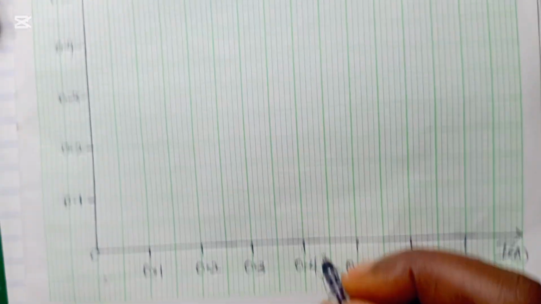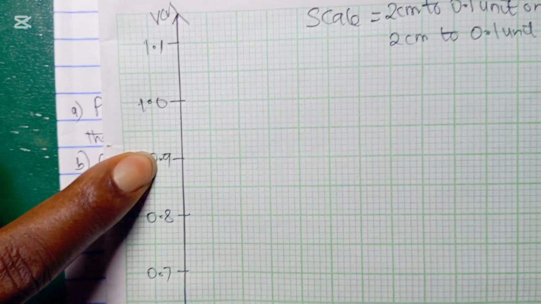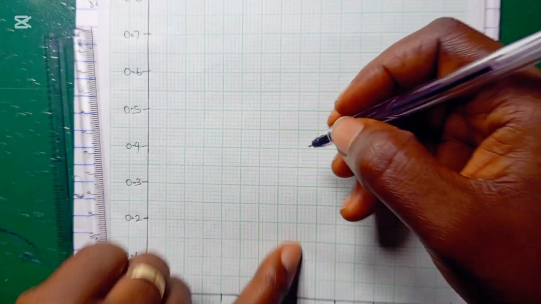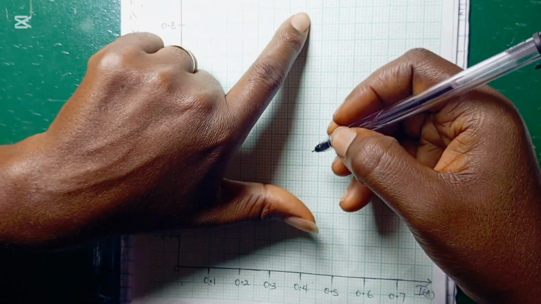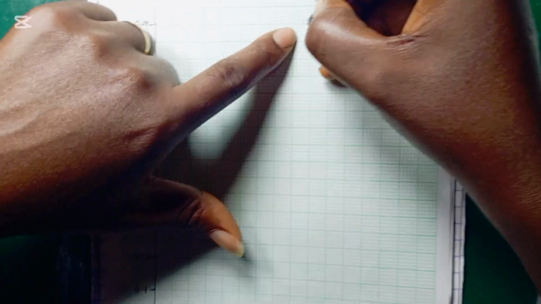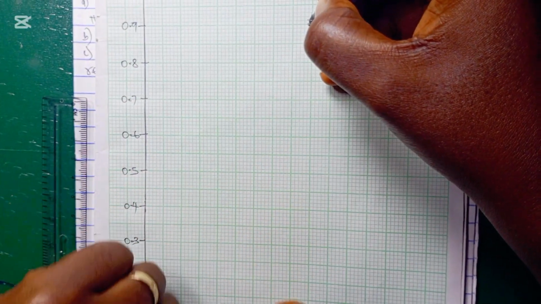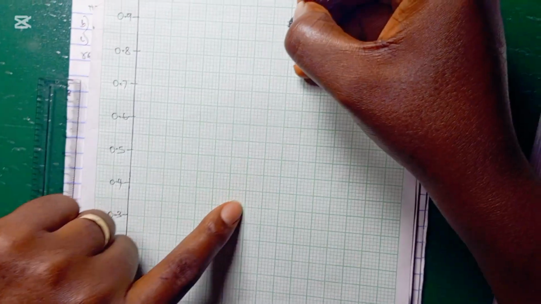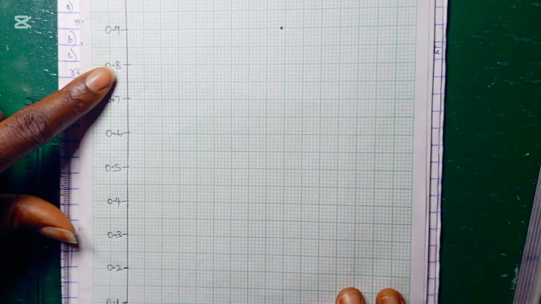Against 0.9. So let us trace it and see their meeting point. Make sure you confirm it. See their meeting point, you put a dot, right?